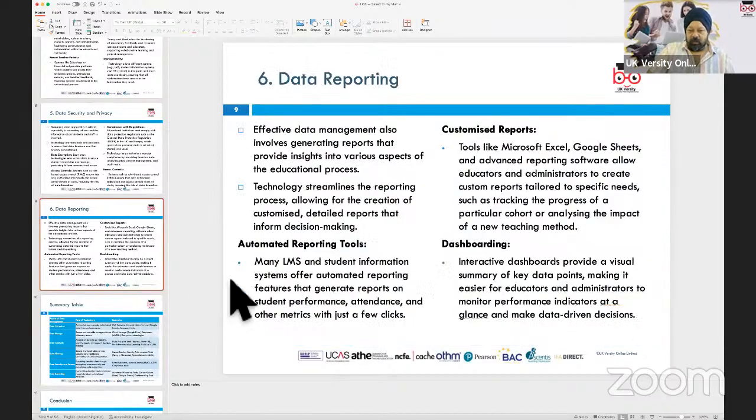In some cases, when we look at data reporting, a lot of us today, when we go into offices or our educational setups and schools, have a dashboard, a CRM system, or some sort of system which gives us access to the data. Generally, the CRM or system which the school, university, or college is using will have access rights to it.